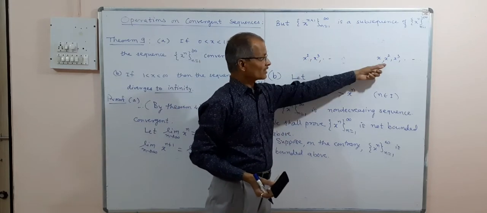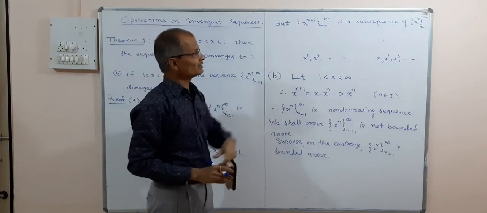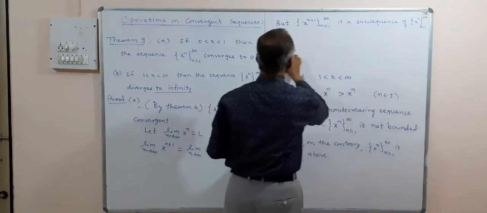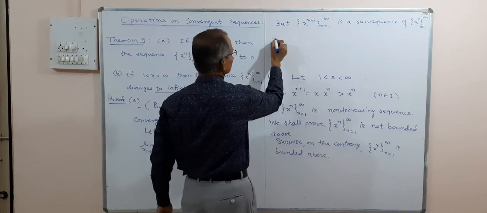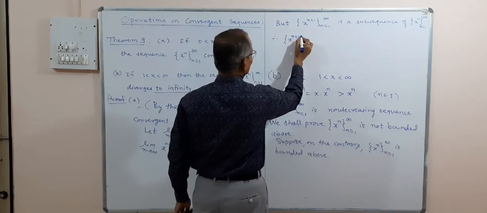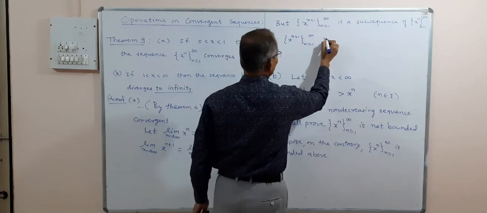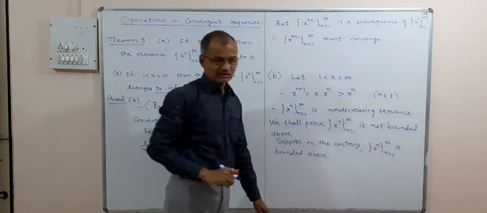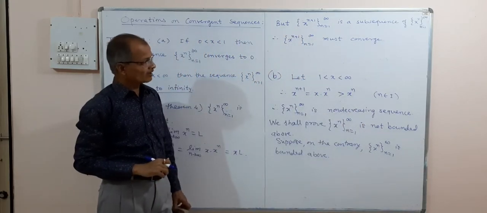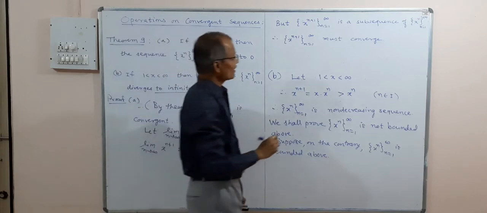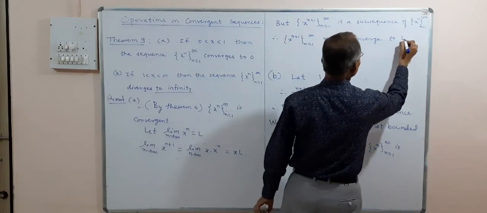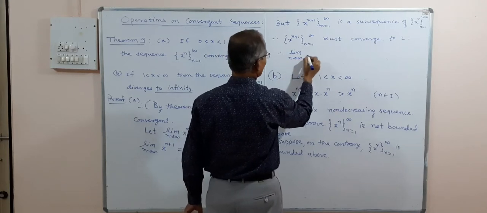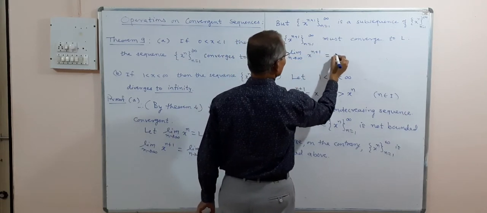So this is a subsequence of this sequence. X raised to n plus 1 is a subsequence of x raised to n, and therefore it must converge to L. If the sequence is convergent to L, then all its subsequences also converge to L. And this means limit of x raised to n plus 1 must also be equal to L.